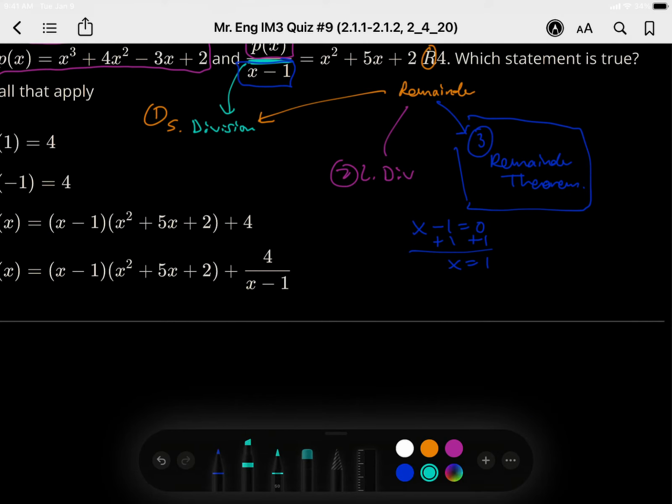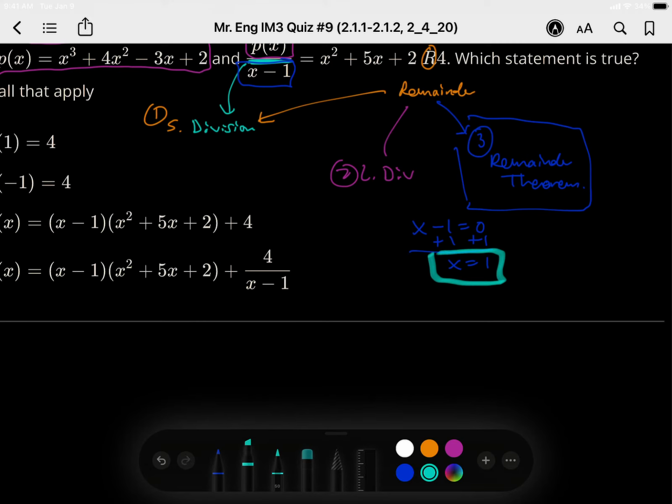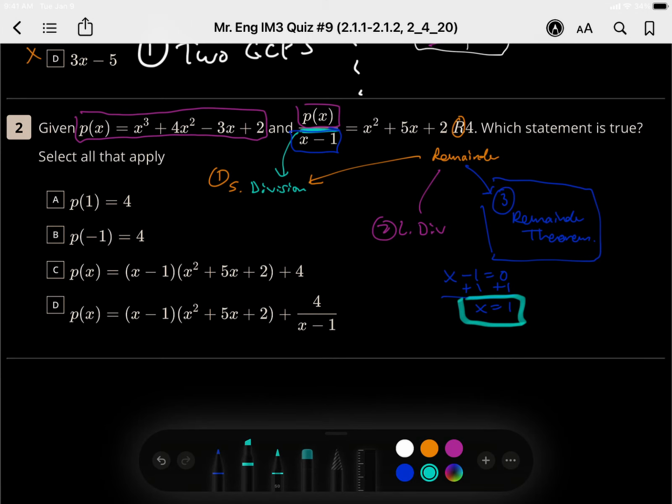Okay, what do we do with this x equals 1? You could take the x equals 1 and basically put it back into the function. Well, they already told us what would happen if you did that.